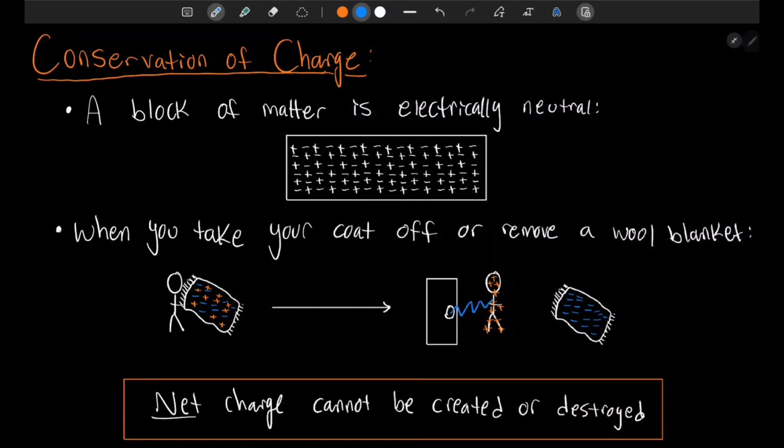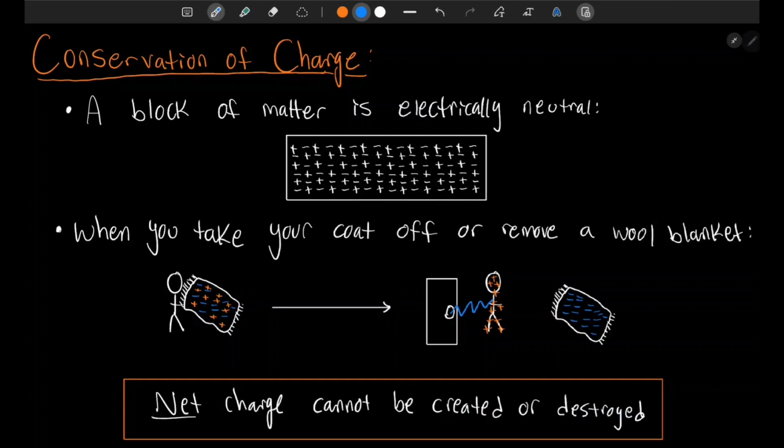There's an idea in electricity and magnetism which says that charge in the system is conserved. This idea is known as the conservation of charge, and its statement is concisely put in this orange box below. So simply put, it says the total charge or the net charge of a system cannot be created or destroyed.